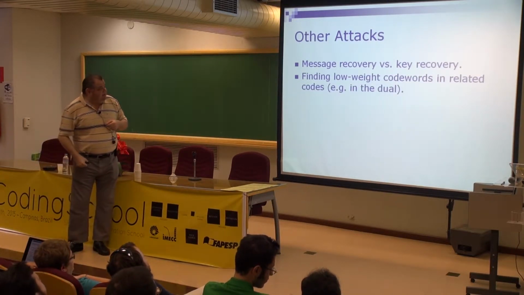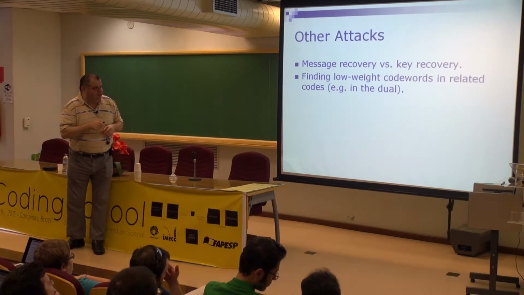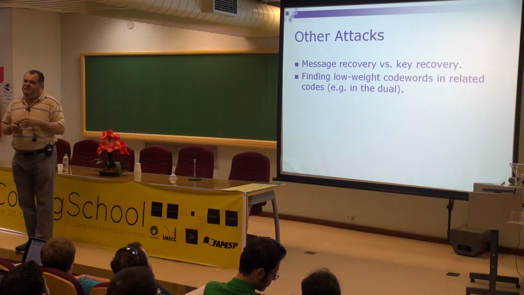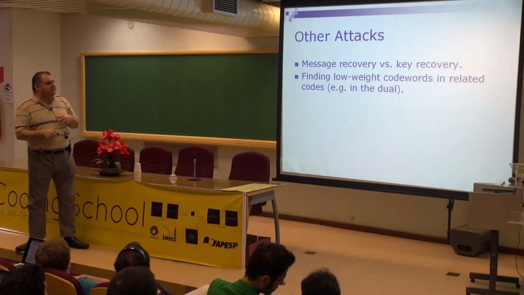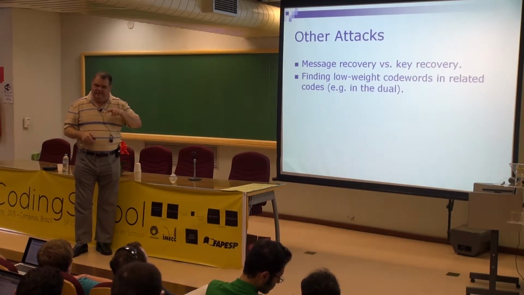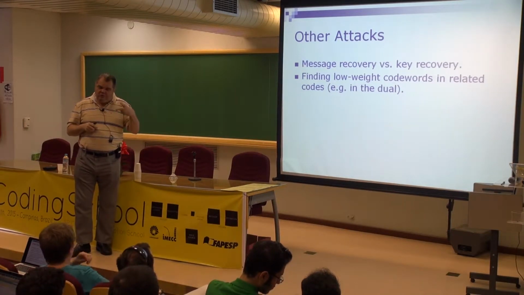There is a different line of attack. Actually, it's related to this. How do we find the private key? One possibility is to try to find low-weight code words in the dual code. Given a code, we try to attack the dual code instead.